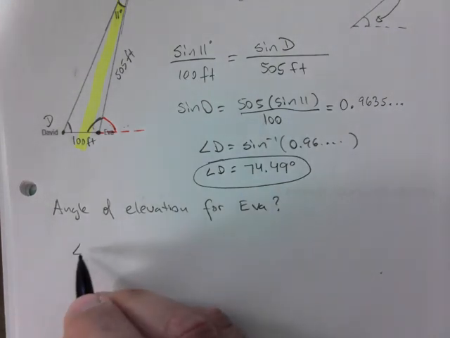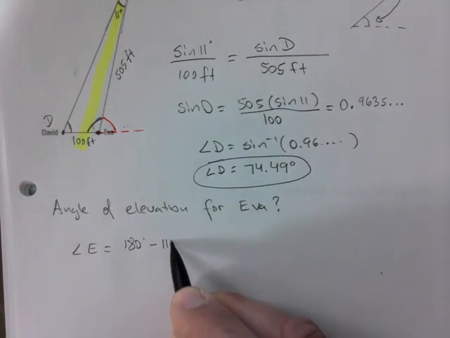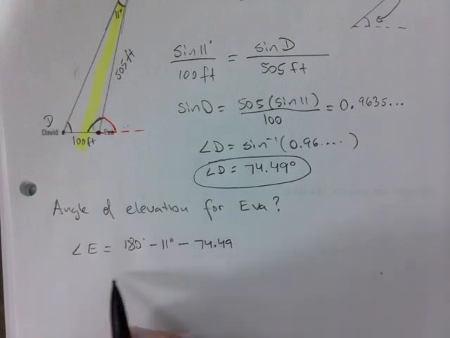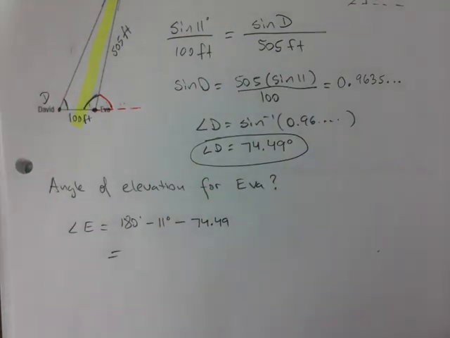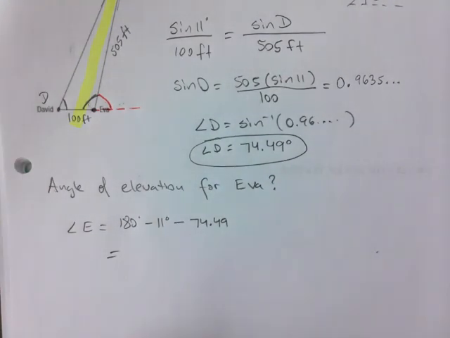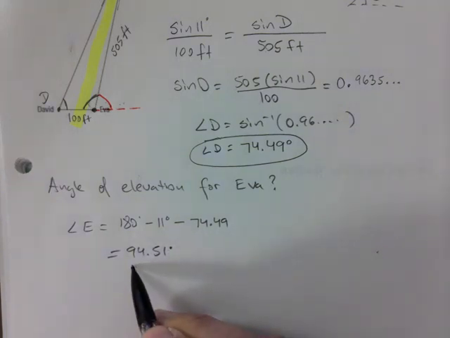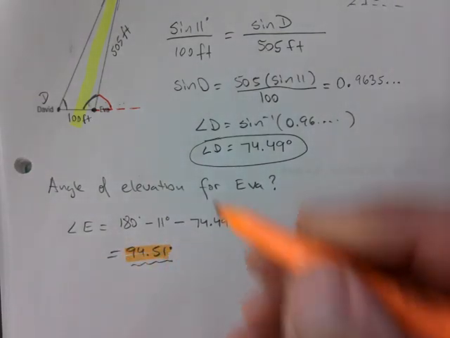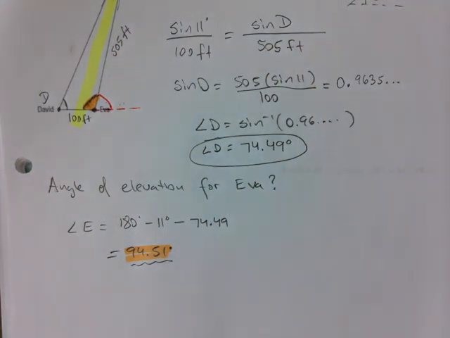Let's go angle E is going to be 180 minus 11 minus 74.49. And I get 94.51. I'm going to use orange. Orange, you're glad it's Friday. Right? I found that one right there.